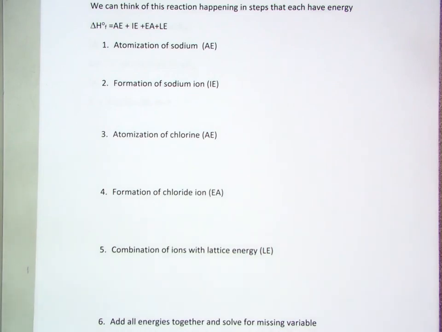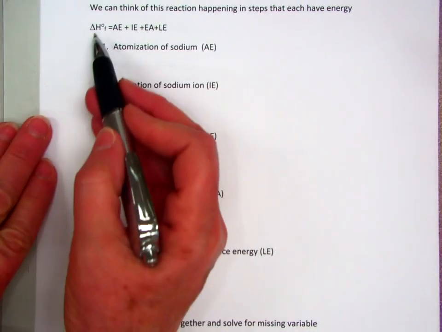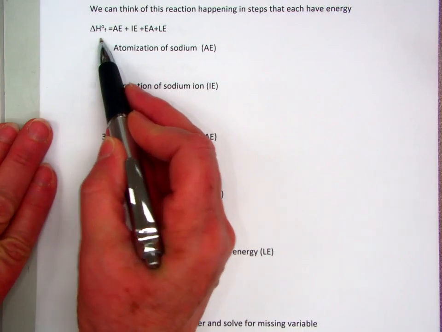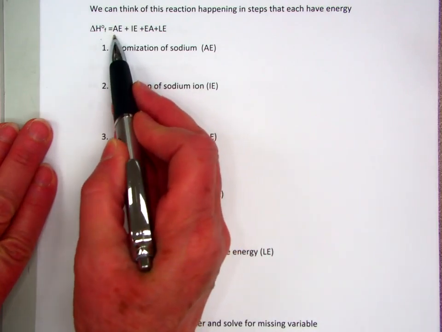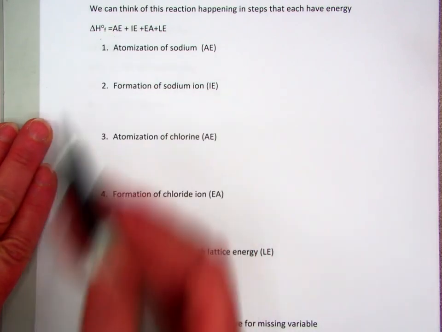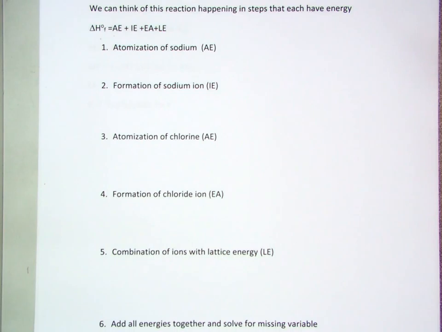So we have to think about this overall reaction. We say the enthalpy of formation is equal to all of the atomization energies. Atomization energies are taking something in its natural state and turning it into gaseous atoms. Then ionization energies.